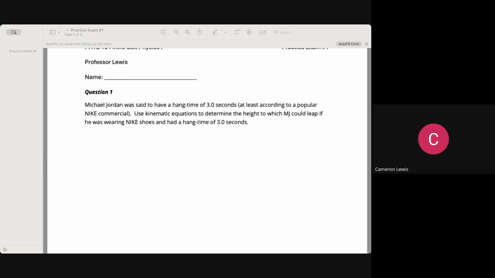But what change of position? Our distance, because scalars go together. Distance over time. That's our first definitional equation.